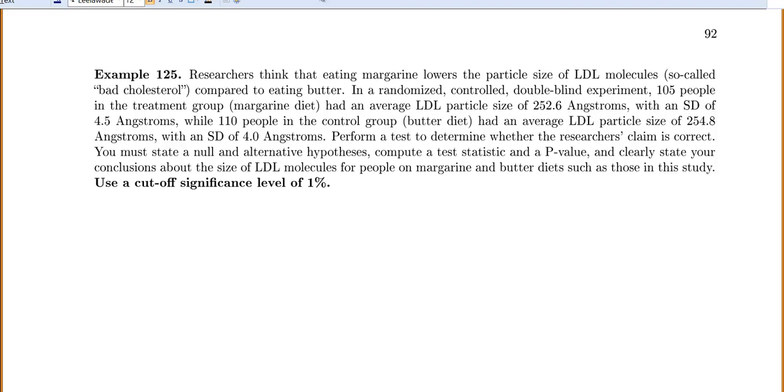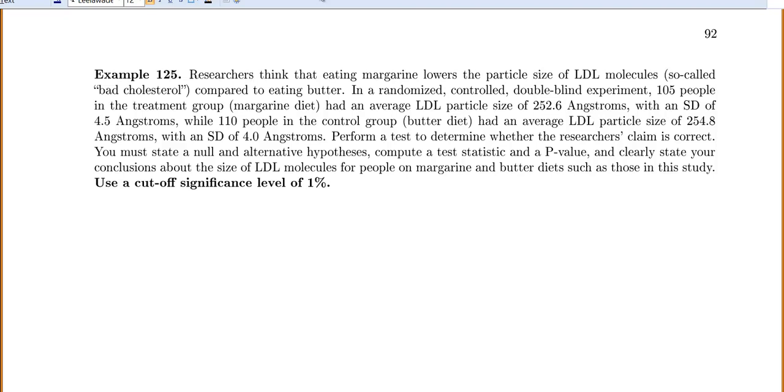While 110 people in the control group, the butter diet, had an average LDL particle size of 254.8 with an SD of 4. Perform a test to determine whether the researcher's claim is correct. You have to state a null and alternative, compute your test statistic and p-value, and clearly state your conclusions for people on margarine and butter diets such as those in this study.